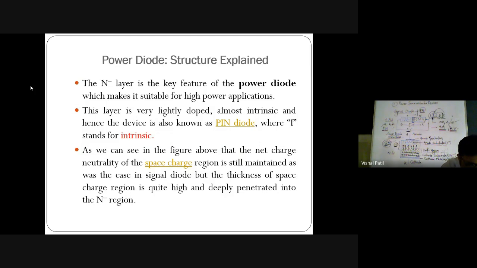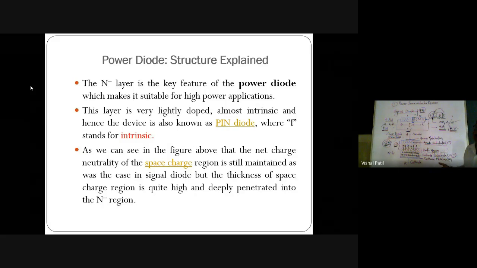So the N minus layer is the key feature of the power diode, which makes it suitable for high power applications. The existence of this drift region, that is the lightly doped cathode substrate, is responsible for the very high power handling capability of the power diode. That is in terms of voltage and current.